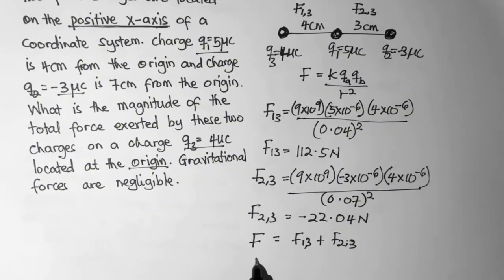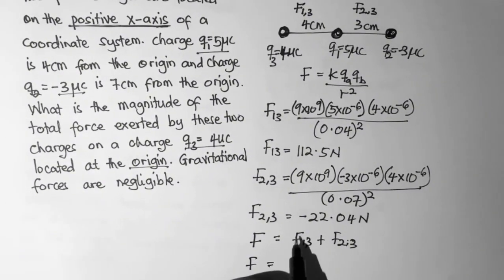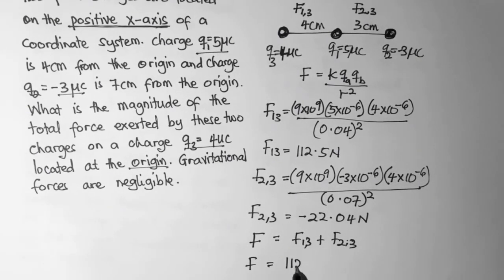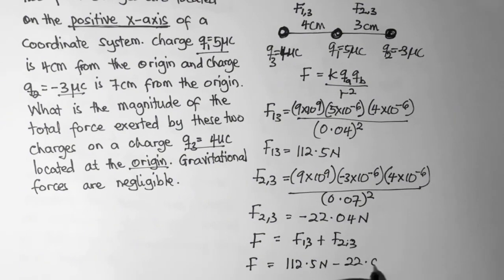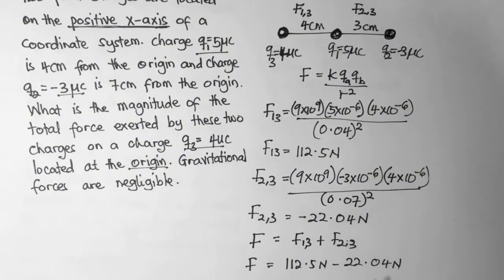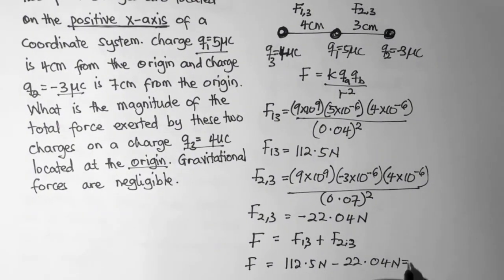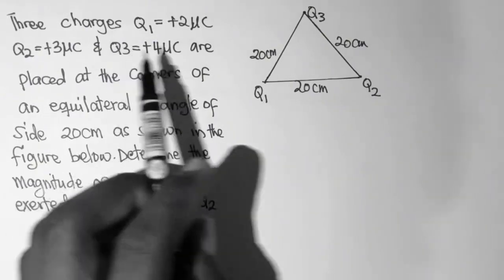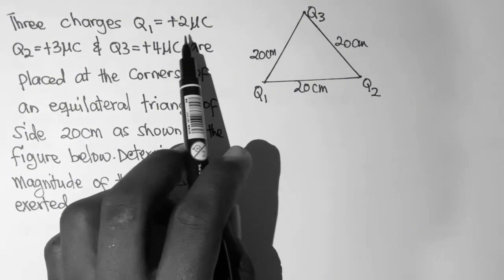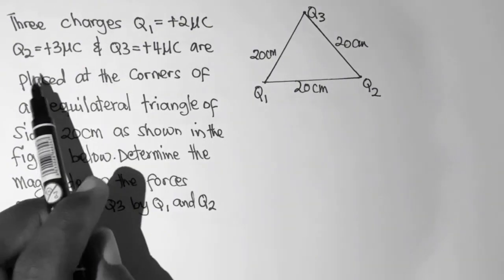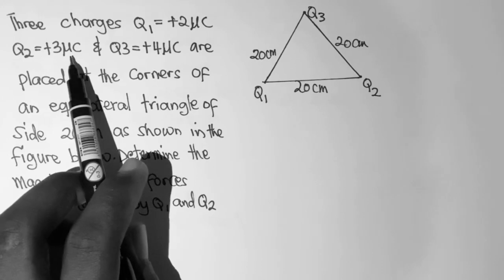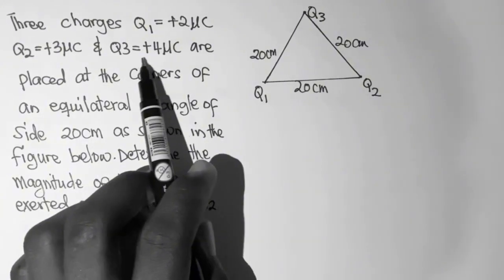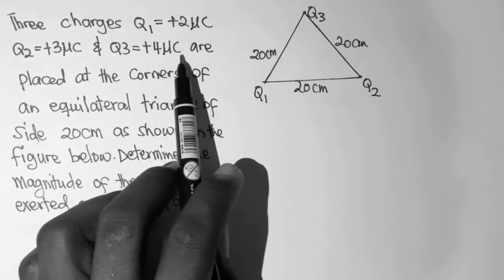So F is equal to 112.5 newtons minus 22.04 newtons, and if you do this, you are going to get 90.5 newtons.